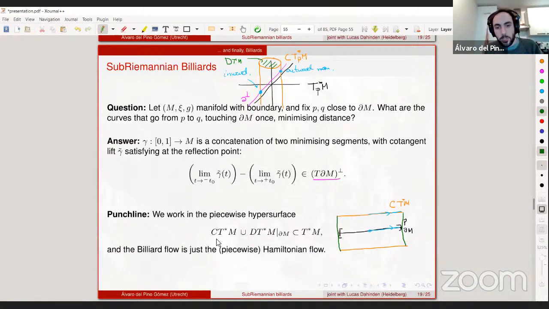So you started with a piecewise hypersurface with a Hamiltonian flow that stops because it reaches the boundary. And what you do, oh, sorry, I should use the same color coding, is you add a vertical piece that completes it to a closed hypersurface in cotangent space that is now piecewise. And the billiard flow is just the piecewise Hamiltonian flow. Hopefully that made some sense.